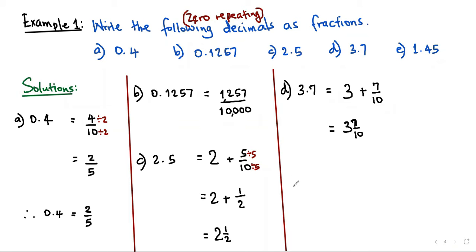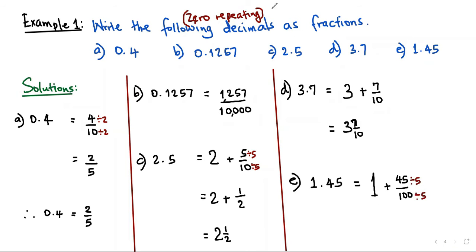Okay. And finally, we look at part E, where we have 1.45. So this will be 1 plus 45 out of 100. And you can see that 45 out of 100, we can write it in simplest form if we divide 45 by 5 and 100 by 5.